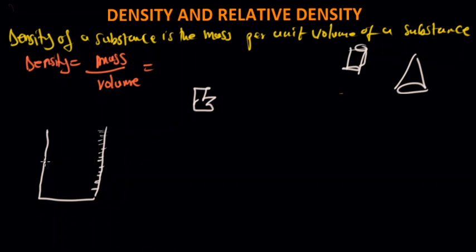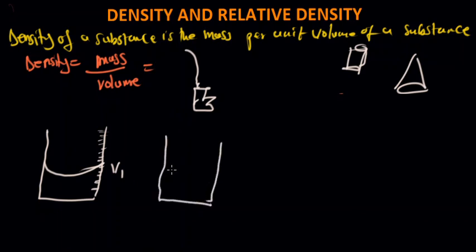First you fetch water or any liquid you want to use, and label the volume V1. When you are done, tie a rope to the irregular solid and gently lower it into the measuring cylinder, which has its volume already taken as V1. You see that the volume will rise, and in this case we take the volume as V2.